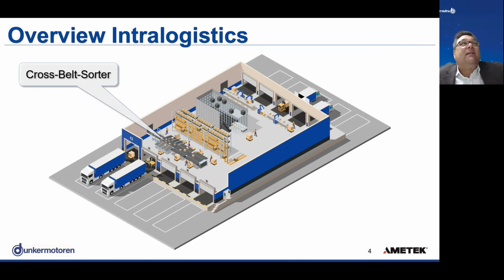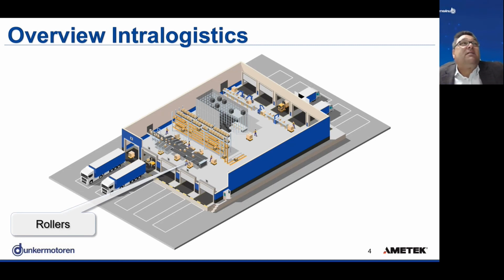So these cross-belt sorters are essential for distributing and sorting the packages in the logistics center. Secondly, also in the sorting sector, there are the rollers. They actually transport the packages as the cross-belt sorters divide them and pull them off the main transport.